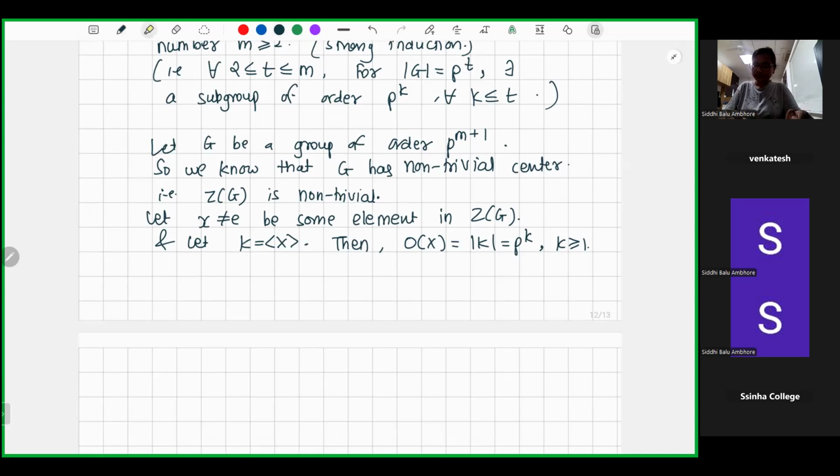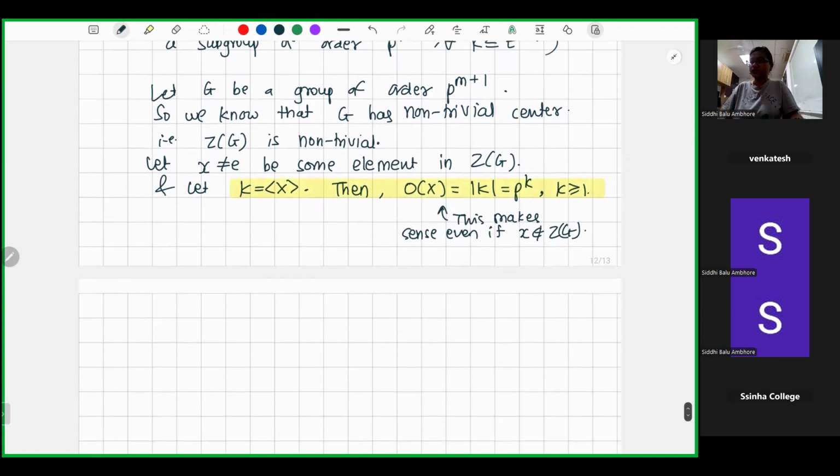This statement makes sense even if x does not belong to Z(G). I hope you understand this much.